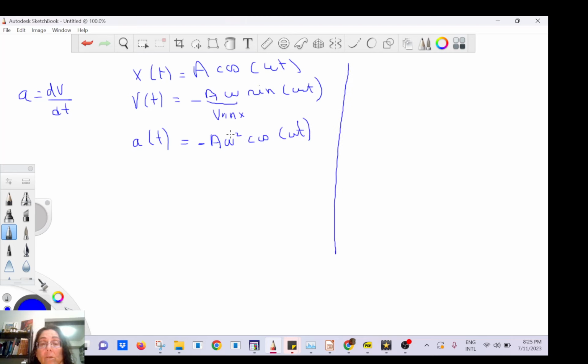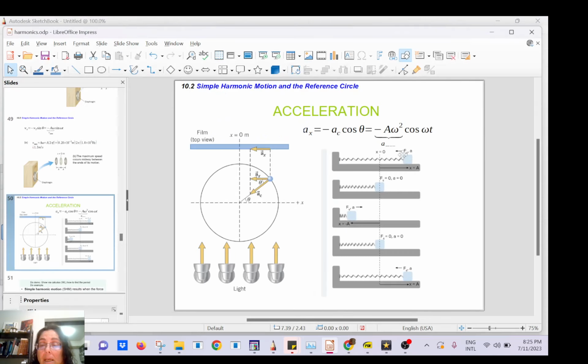Okay, so if you do t equals 0, you see the acceleration will be maximum, but to the left, which makes sense here. At t equals 0, the acceleration is maximum, but it's negative.